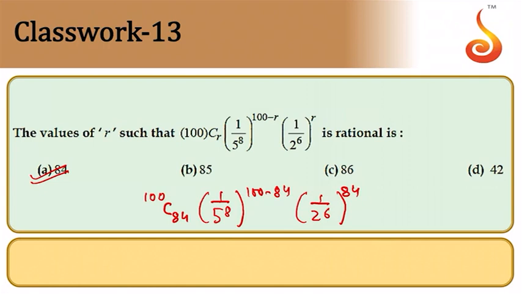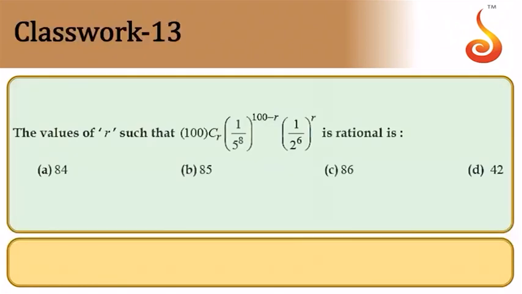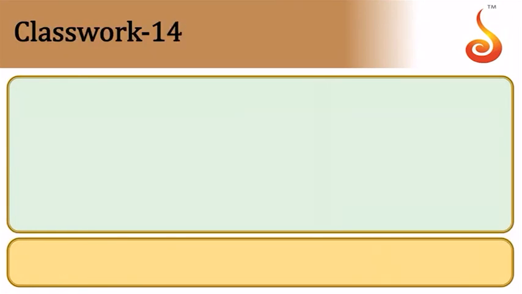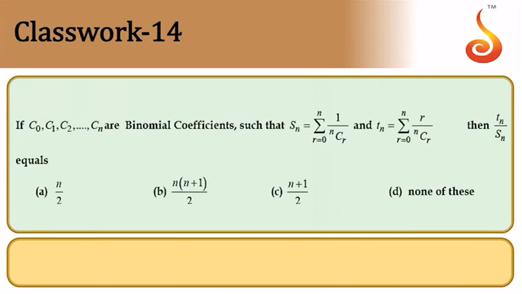Only by verification you can say 85 won't satisfy, 86 won't satisfy, 42 won't satisfy. Direct verification, r equal to 84 will satisfy. So option A is correct.